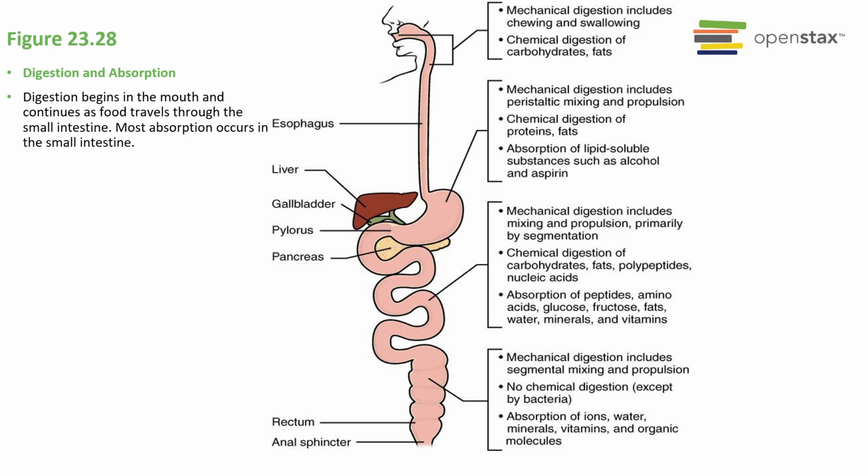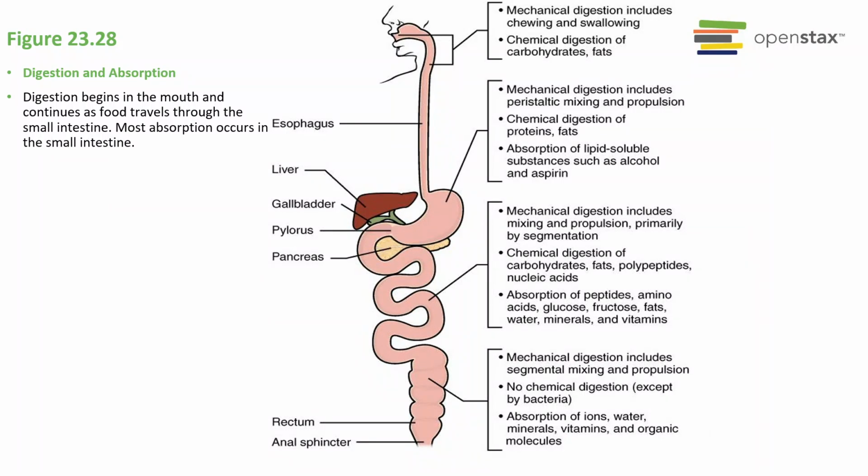So on figure 23.28, what you can see is the breakdown of mechanical and chemical digestion, as well as absorption of the various substances that we typically intake. Notably, most absorption, once again, occurs in the small intestine.